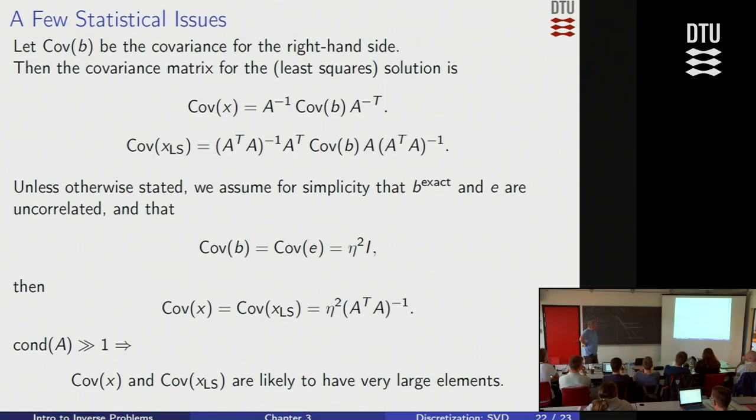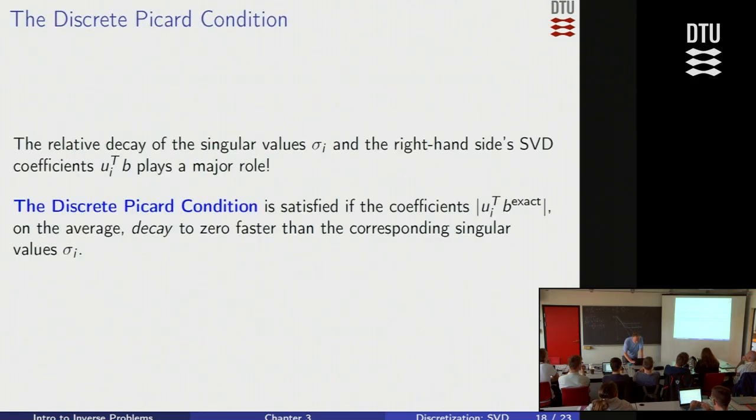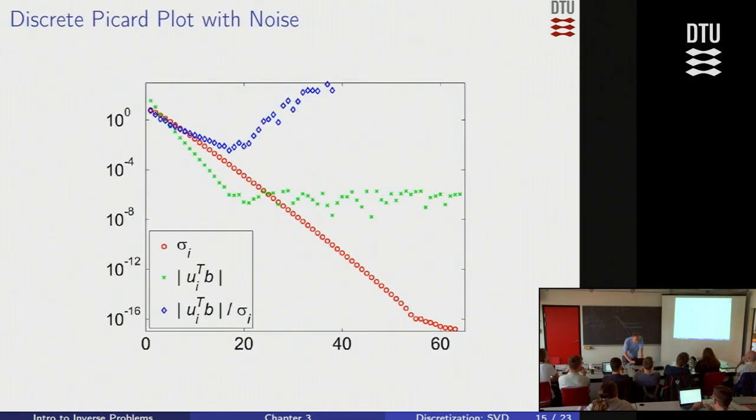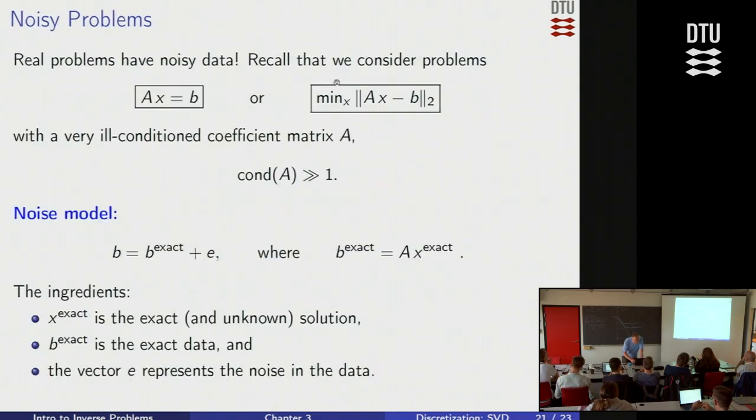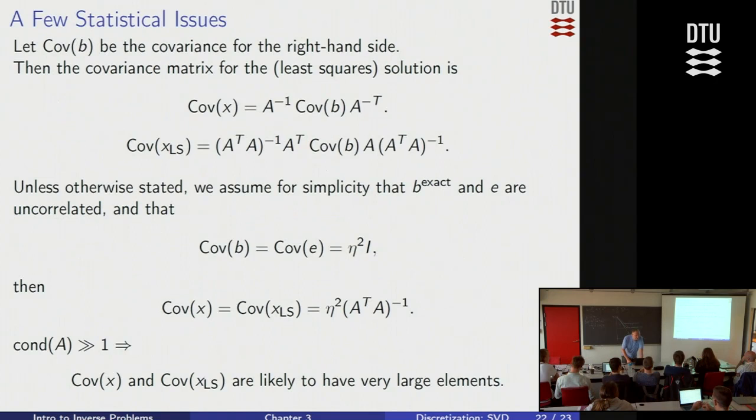So we can expect that even small errors in the right-hand side will blow up into much bigger errors in the solution. Of course, we knew that already, didn't we? For example, from looking at these plots here, errors are blowing up. This is just another way of stating the same problem, in a different language.